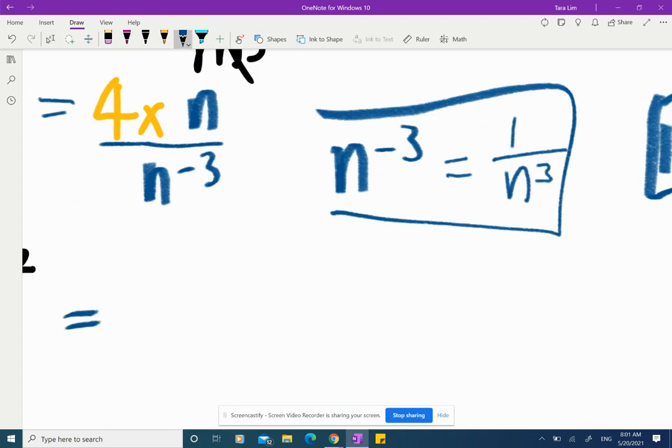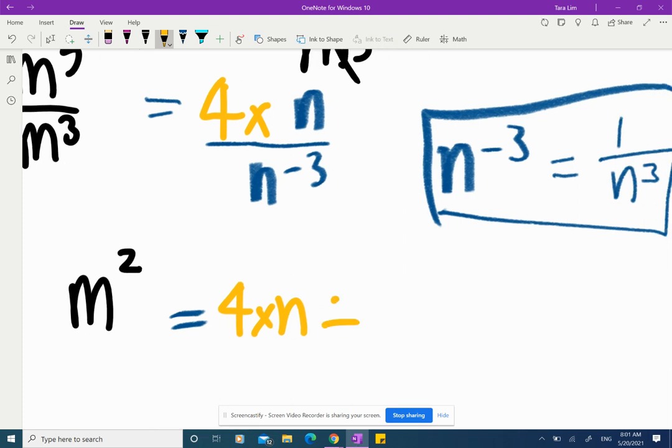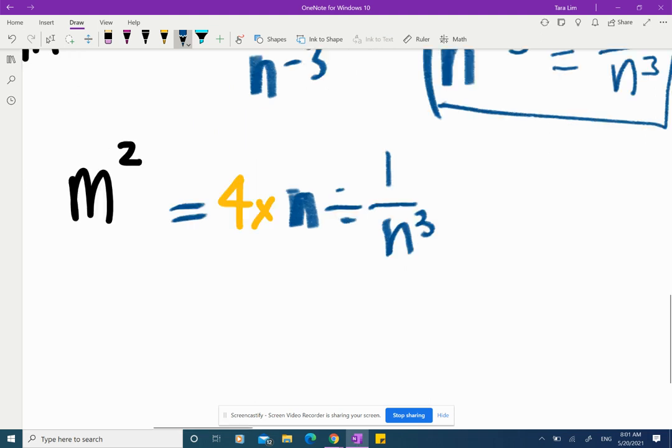So in this case, it is 1 over n to the power 3. So we're dividing 4 times n by 1 over n to the power 3.